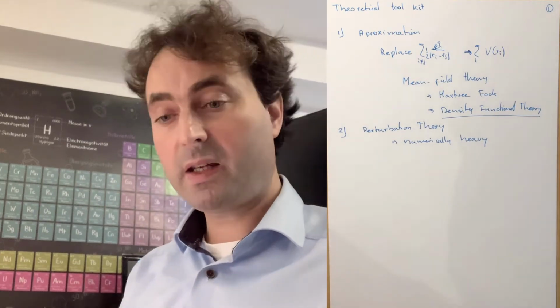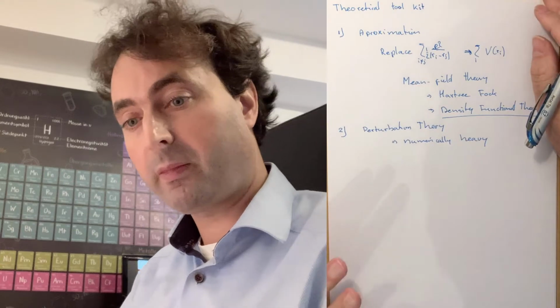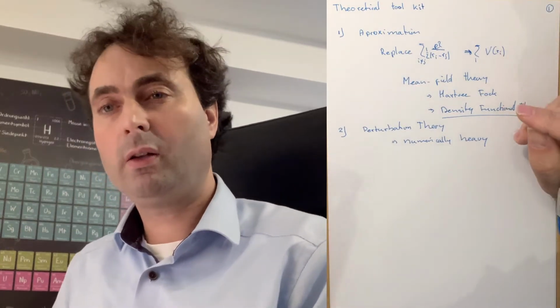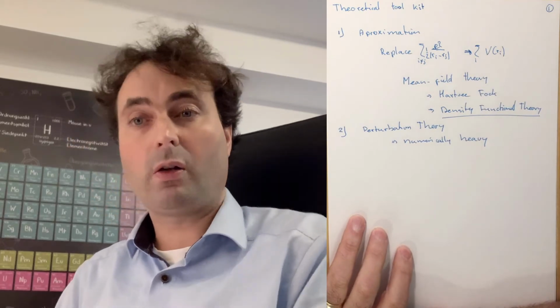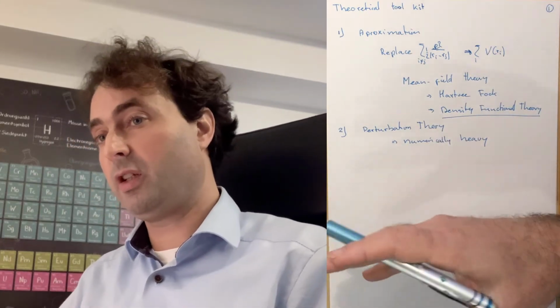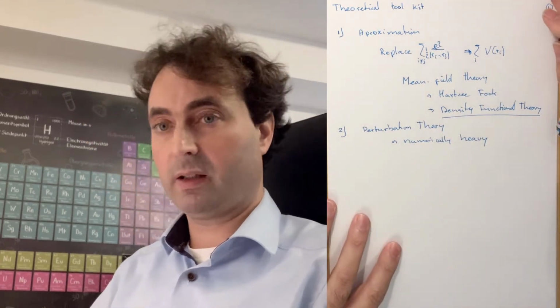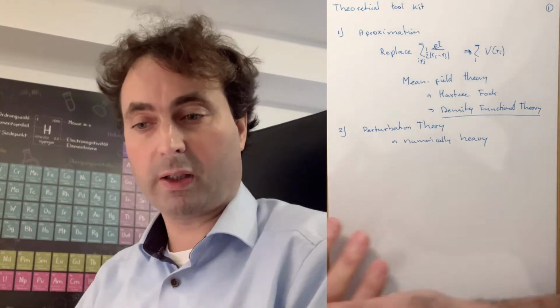To be clear, there are cases where if you have a small perturbation, it's absolutely the way to go. But in condensed matter systems, the Coulomb interaction is not a small perturbation. We've seen in the hydrogen atom that the Coulomb energy is of the same energy scale as your kinetic energy. So you're approximating here actually a large part of your interaction.